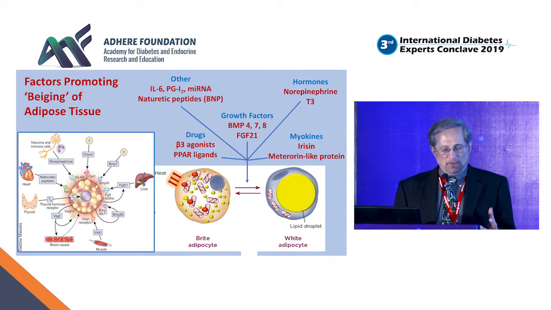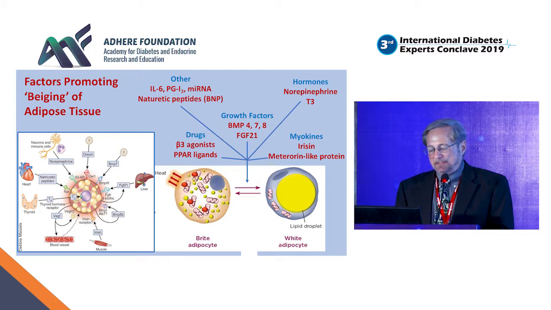What about, can we get white fat to beige and then achieve maybe the same purpose, increase thermogenesis via that route, not brown fat, but the beiging of white adipocytes, and harness that therapeutic potential? We know there's a lot of factors that derive from different organs in the body that can induce beiging.